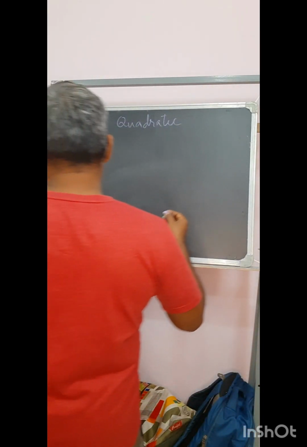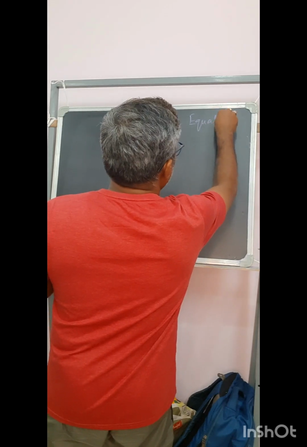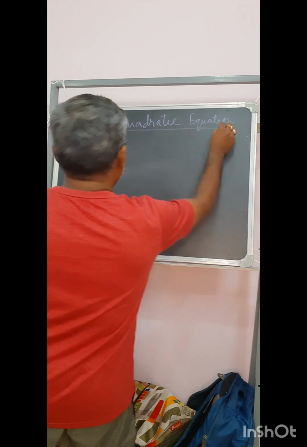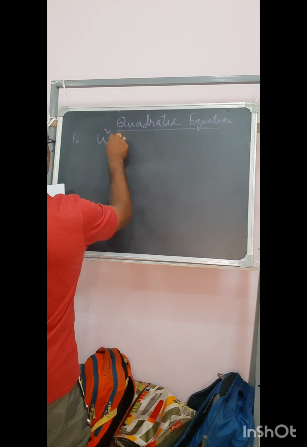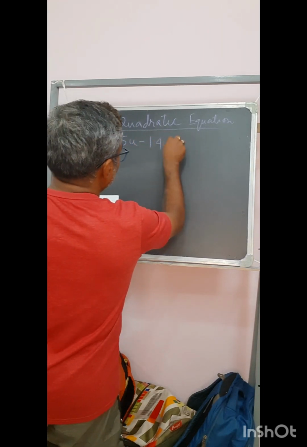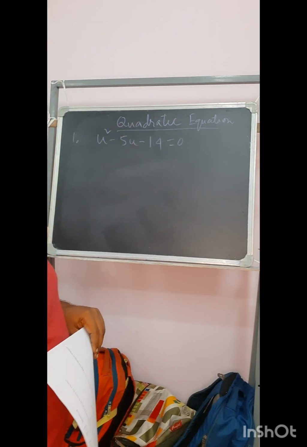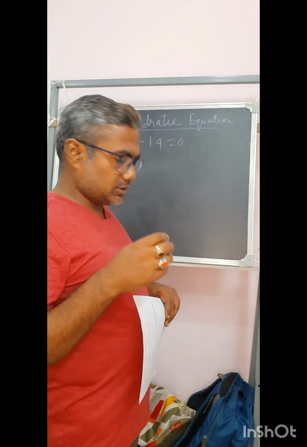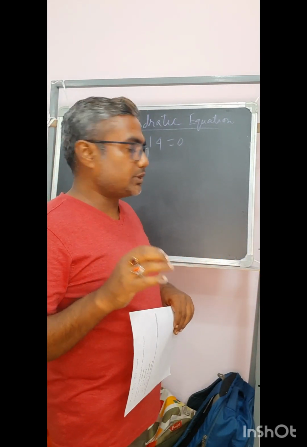So this is quadratic equation. This is a part of equations I am just continuing. So linear is completed, now quadratic. The first problem, the basic thing is that you have to do factorization of such an equation. When I am moving to the quadratic equation, as I have explained in my classes, the order is definitely 2 for a quadratic equation.